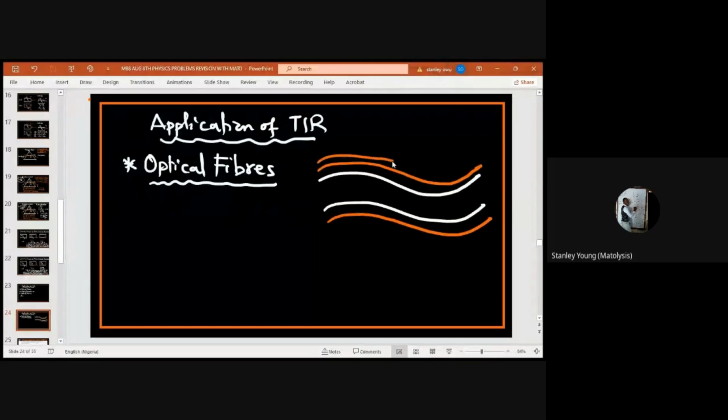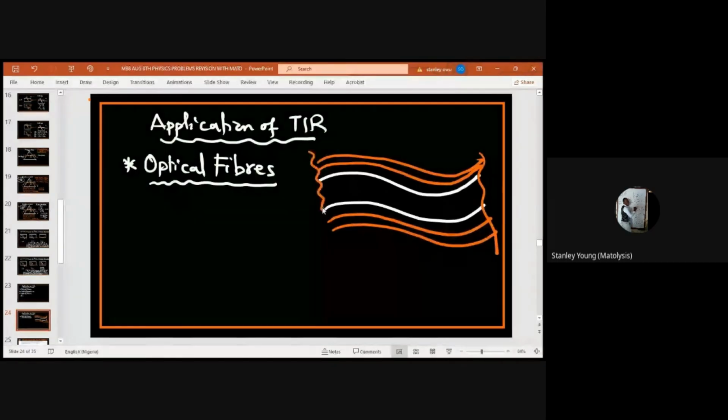So this is just showing a section of it. This is a sectional view. I mean, you section a part out of the optical fiber.